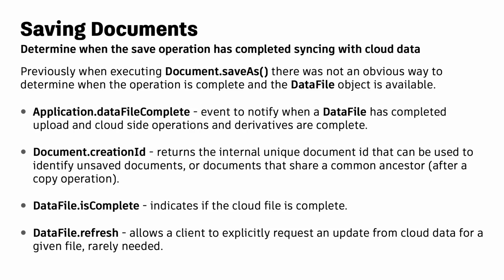And then there's also a Boolean check on a data file to see if it's complete. Even in the case of users saving future versions, there's still this lag between when they save v3 until v4 is ready on the cloud. There might be a 20-second, 40-second delay until it's fully accessible through the local desktop API. So you can do a quick check there.